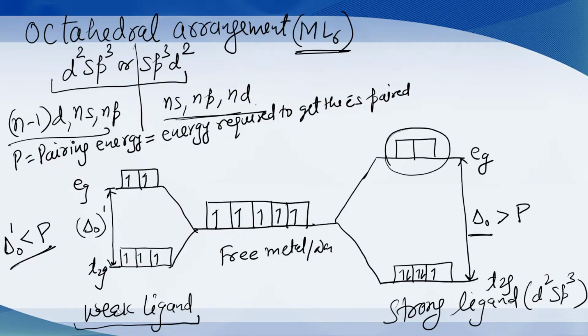But in case of weak ligands, as all the d orbitals have one electron, in this case hybridization is sp3d2, because inner d electrons are not involved in hybridization. We need electrons from the outer orbitals.